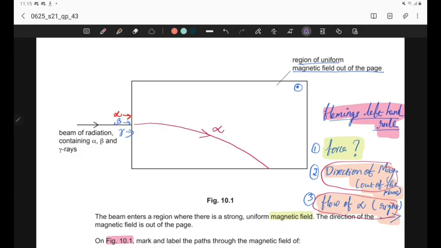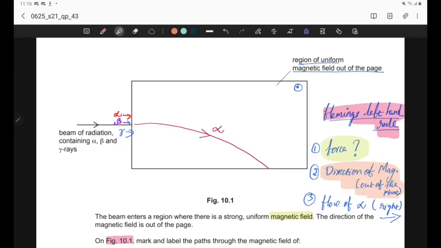Now we can check what will happen to the beta particle, how it will change its direction. In order to check the beta particle's direction, we can again use Fleming's left hand rule, where again we need to check the direction of the force. So we need to identify in which direction there will be a force on the beta particle. In that direction the beta particle will go. The second finger, the index finger, indicates the direction of the magnetic field, and it is the same, that is out of the plane.